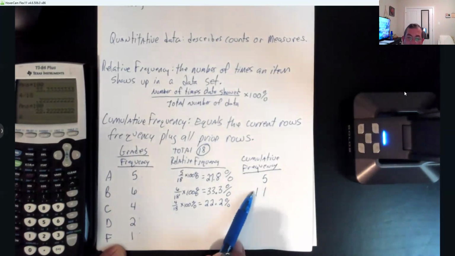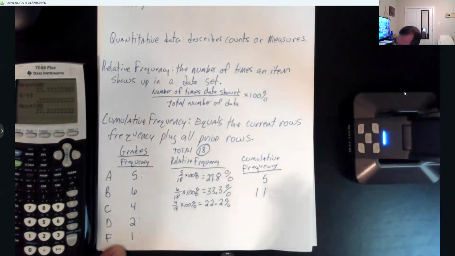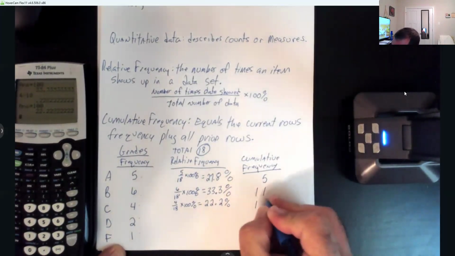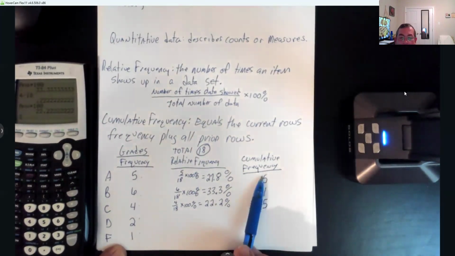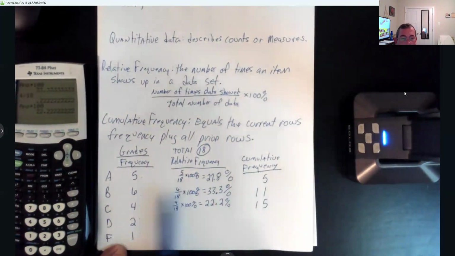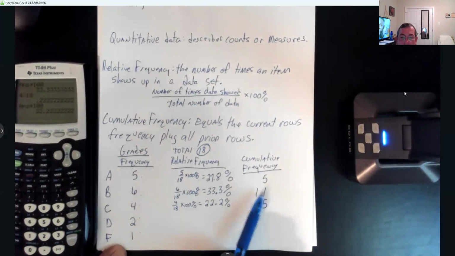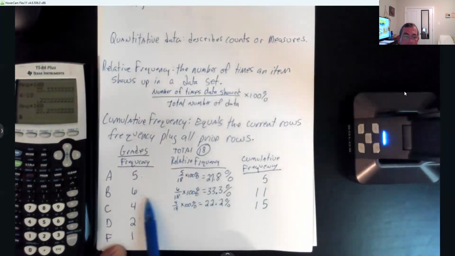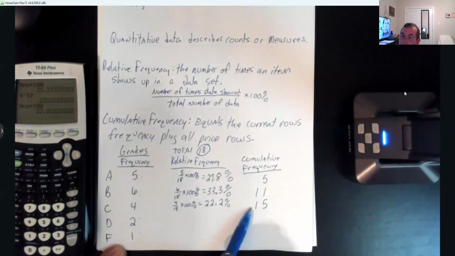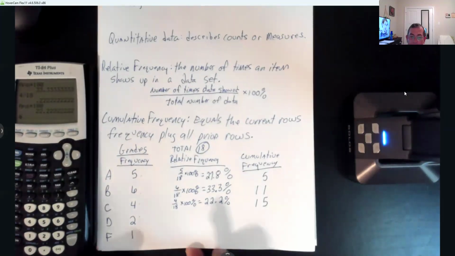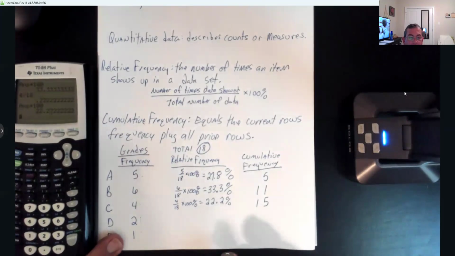So now I add the row prior to it, which was 11. So 4 and 11 now give me a cumulative frequency of 15. So see, I took the cumulative frequency, added 6, got 11. I got 11, add 4, I'm now at 15. Okay? You're always adding it to the one before it because that's the current cumulative frequency. And we're just going to keep adding as we go.